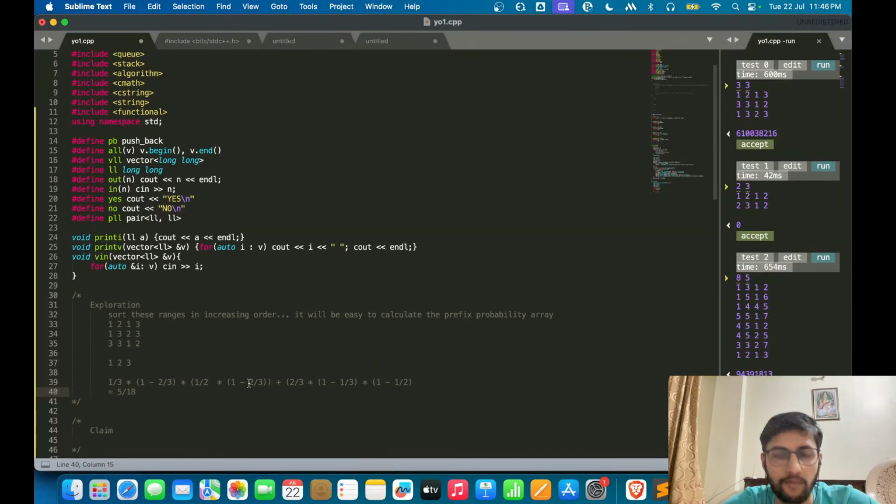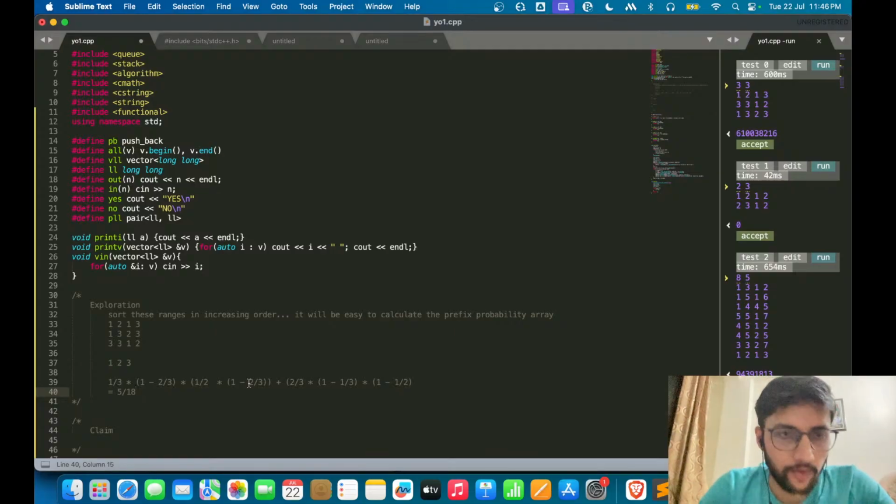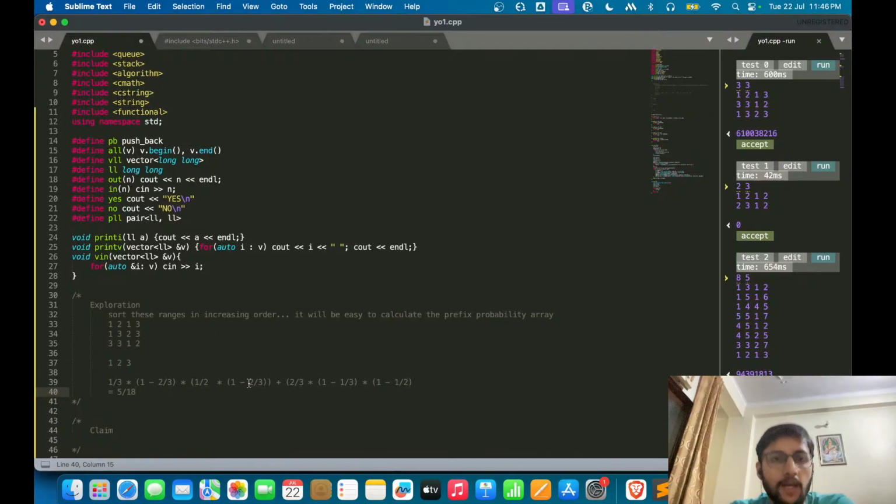If you solve this, the answer will be 5 by 18. And from this you can see that we have to track some kind of prefix array, because these are the direct probabilities we have, like 1 by 3, but we have to pre-calculate somehow this 1 minus 2 by 3.